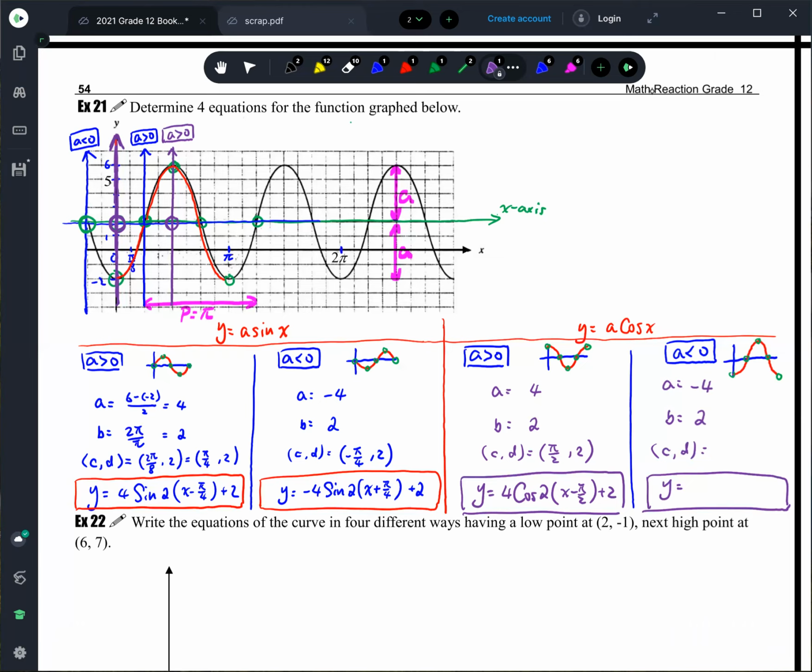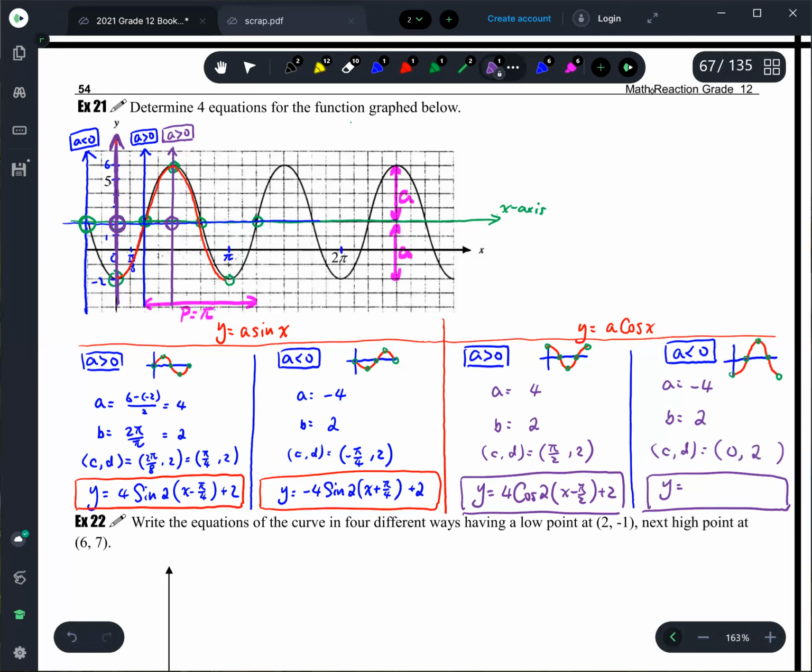So Eric, where are C and D this time? Is C 0 and D just 2? C is 0. Yeah, okay. So it didn't move anywhere, right? D is 2.